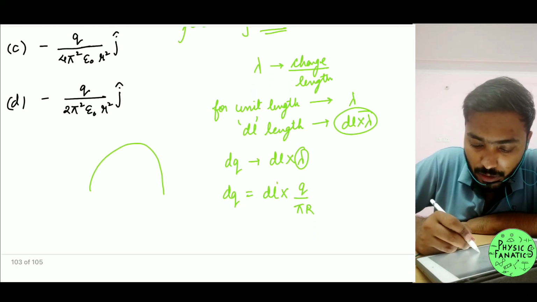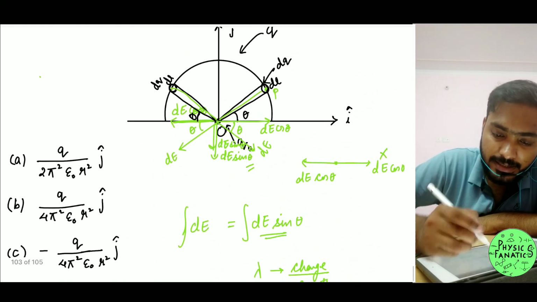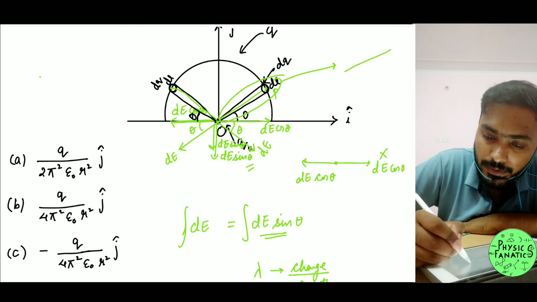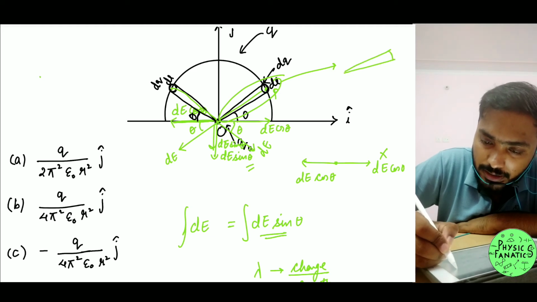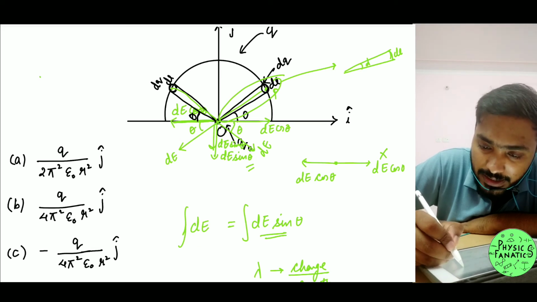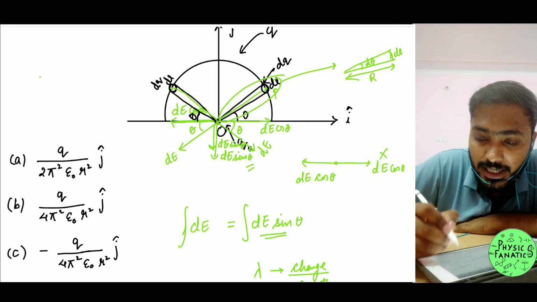Now again, I have to talk about dl length also. So let's take this dl here, and I'll draw it here. It's actually very small, right? So I can say a very small d theta angle is also there. Obviously this is your radius, and I know that theta is equal to arc upon length.